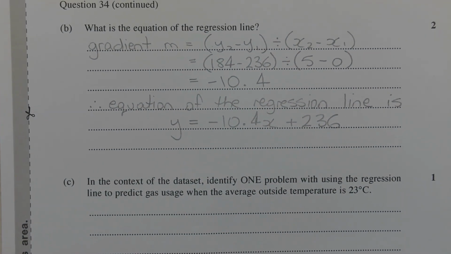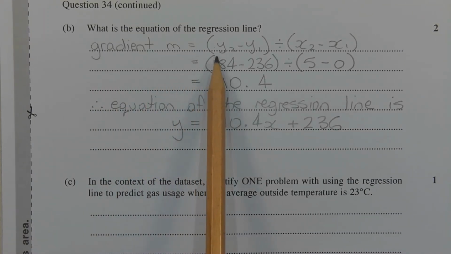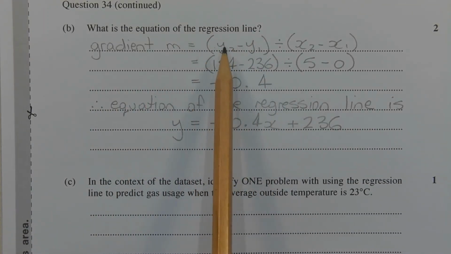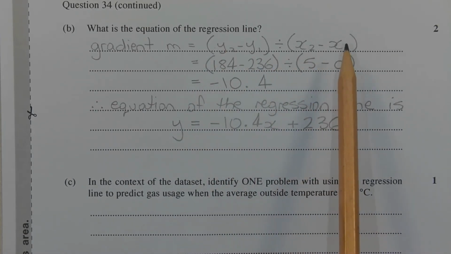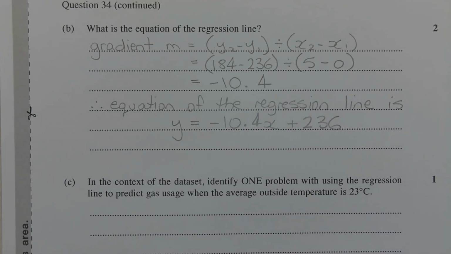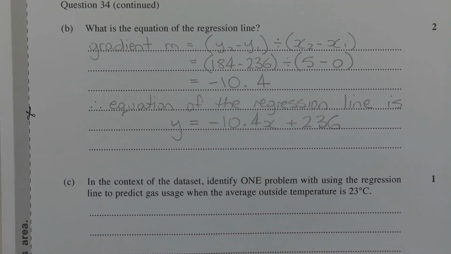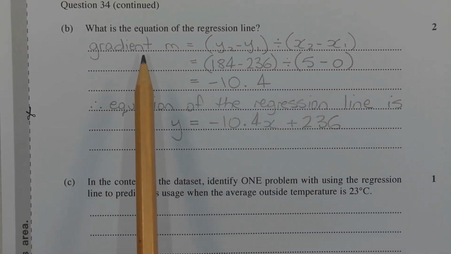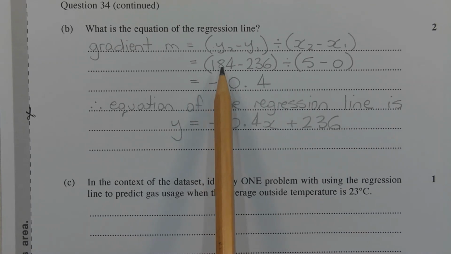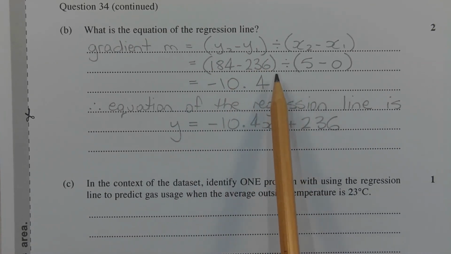So using the 2-point formula, the gradient m is equal to y2 minus y1 in brackets, so that represents the rise, divided by x2 minus x1, which represents the run. And substituting the respective values for y2, y1, x2, x1, we get gradient m is equal to 184 minus 236 in brackets divided by 5 minus 0.